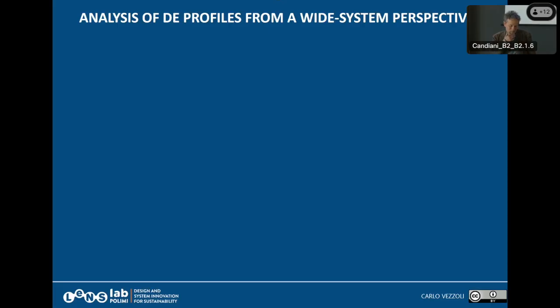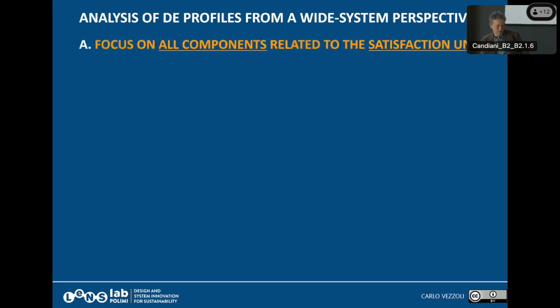The point is to make an analysis of the distributed economy profile from a wide system perspective. So what we have to have is a focus on all of the components related to a satisfaction unit. A satisfaction unit could be, for example, eating at the Bovisa campus, which will be the design exercise that you will be doing.